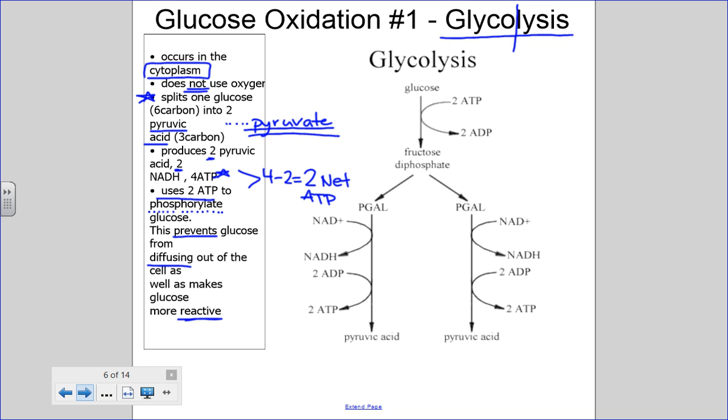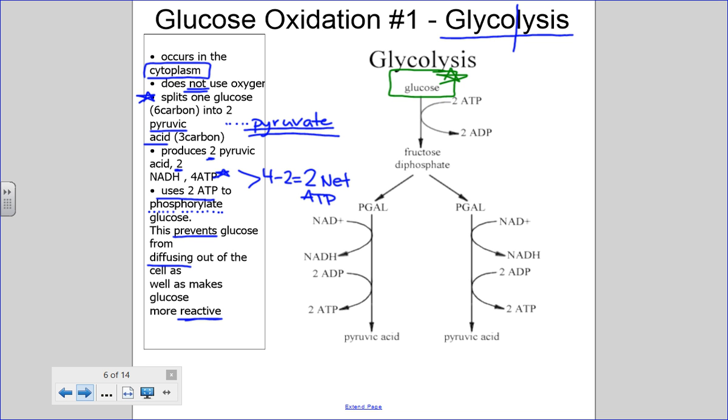Now, over on the right is a picture representing the steps that are happening in glycolysis. And I'm going to highlight the pieces that you need to really be aware of. You absolutely have to know that glucose is the starting point. Now, the next compound, fructose diphosphate, you do not have to know that particular name.